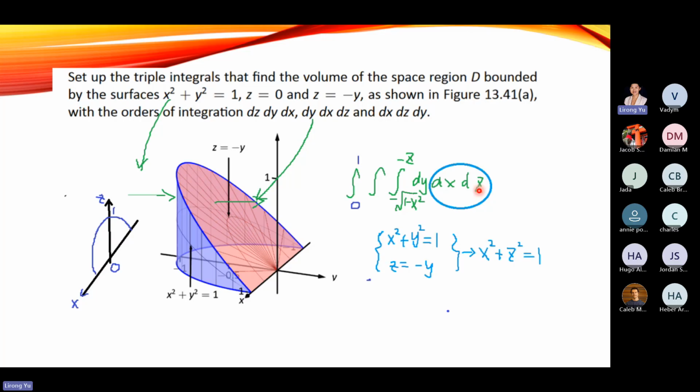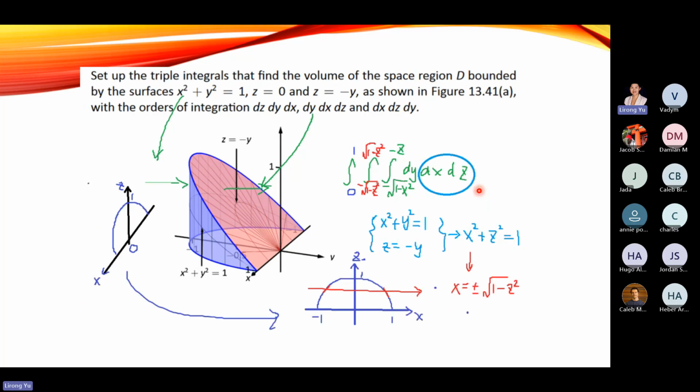The region inside the circle is our integration region, so a half circle integration region. So z goes from 0 to 1. Next, we need to know the integration boundary for x. Z is from 0 to 1, and then for x we need to know the lowest x value and the upper x value. This is the lower edge on the left.